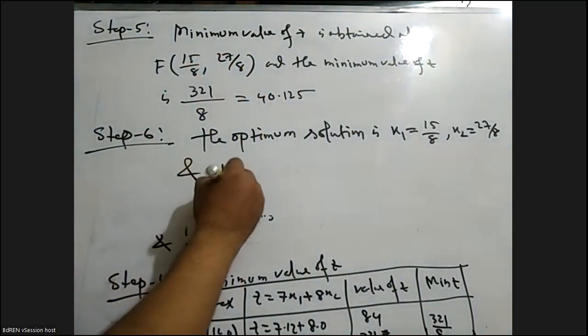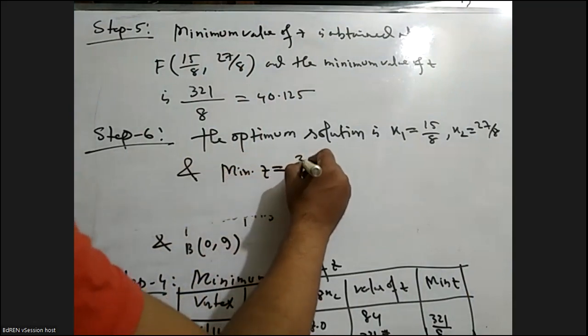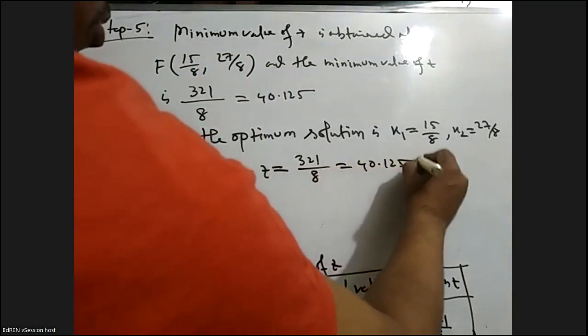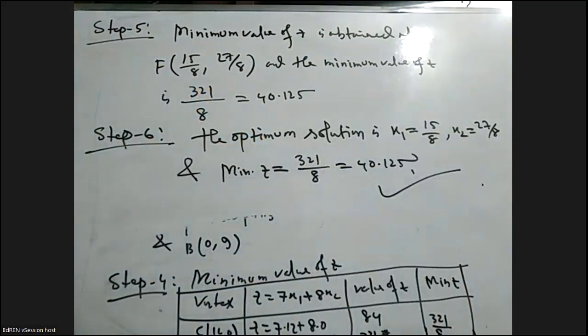And the minimum value of Z equals 321 by 8, which equals 40.125. This is actually our desired result.